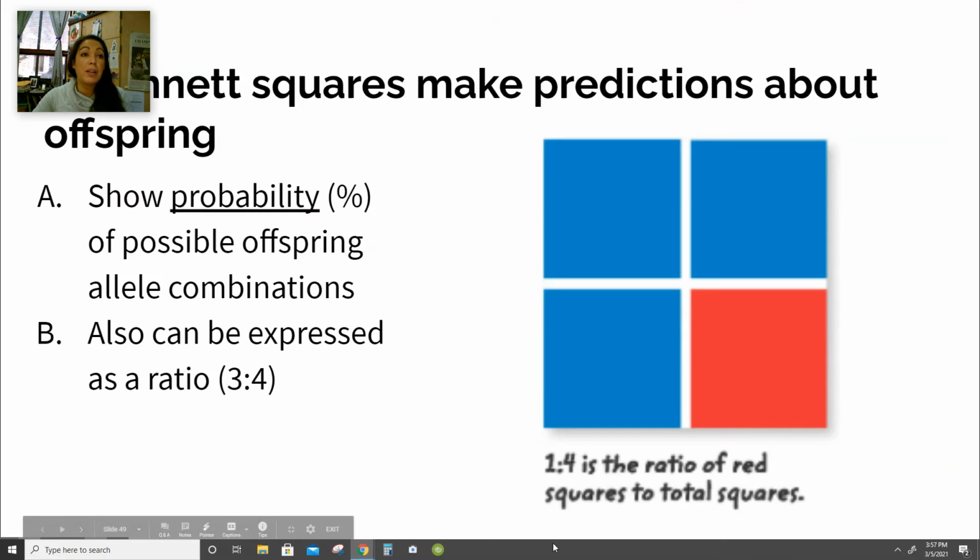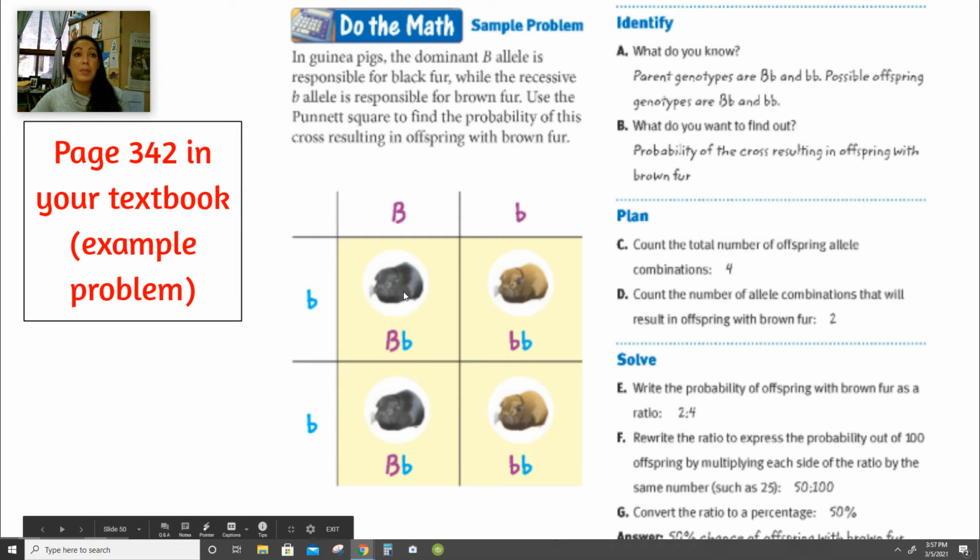First I'm going to fill in my Punnett square. I'm going to carry this capital B down, carry this lowercase b down, carry this lowercase b over, and carry this lowercase b over. And I end up with 2 heterozygous black fur guinea pigs and 2 homozygous recessive brown fur guinea pigs. Total number of offspring is 4.